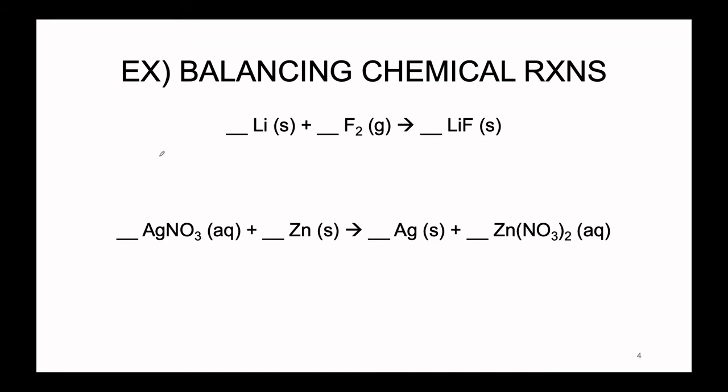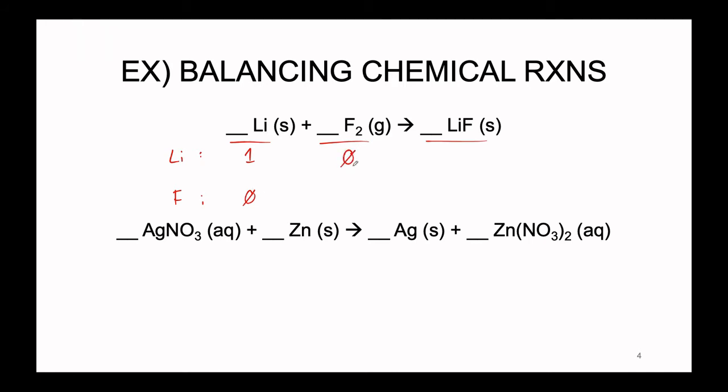Let's lay out how many lithiums and fluorines we have in our first equation. Again, we're going to treat each of these elements like column headers. So the question is, how many lithiums? We have 1 lithium and no fluorines in our first species.